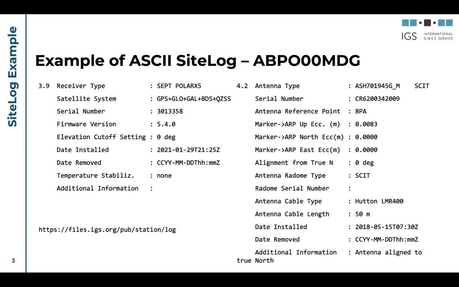That gives a new entry in the SINEX file and lets station users understand what changed within the antenna. Everything is kept in the database, and we are able to render out any component we need. The site logs are all generated at the URL you see on the bottom left, files.igs.org.